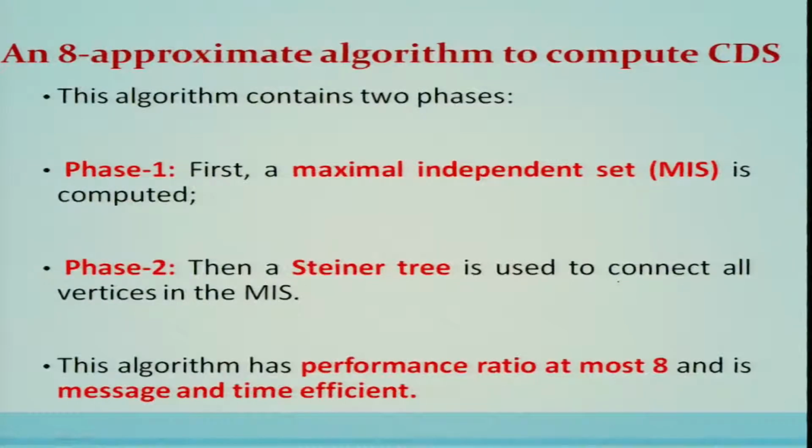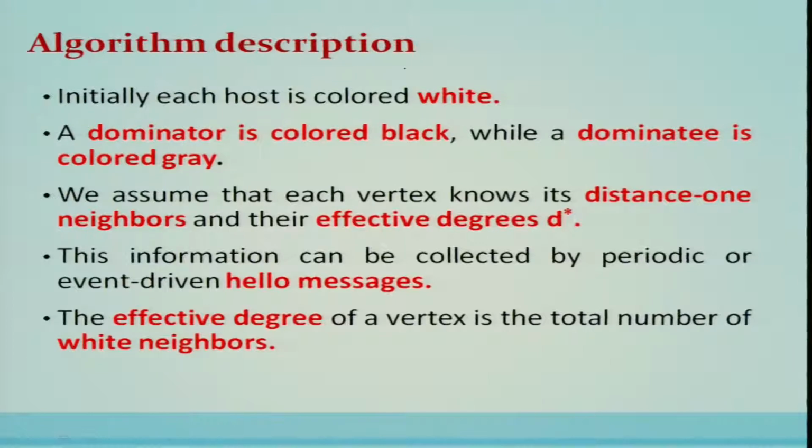Now we are going to discuss the algorithm to construct a minimum connected dominating set. In the algorithm description, initially each node is colored white, the dominator is colored black, and the dominatee is colored gray.